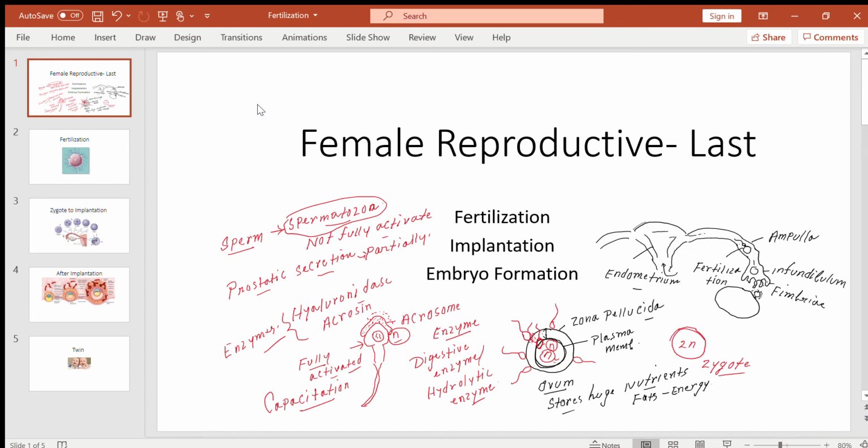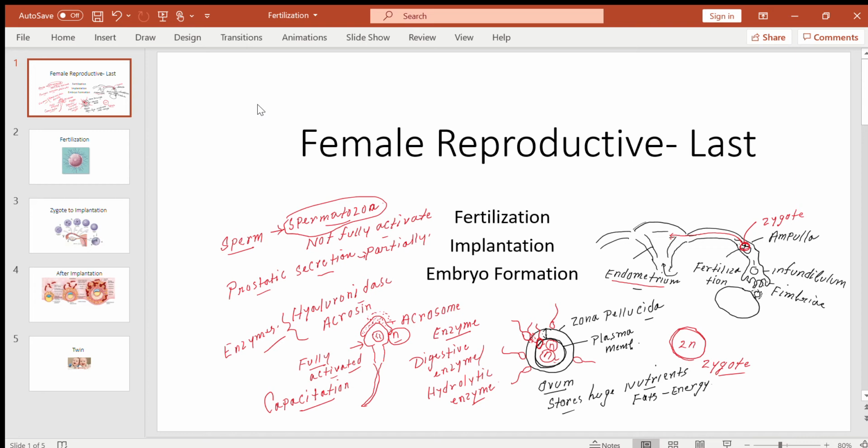So we got the fertilized egg. Now what happens here? This fertilized egg, or zygote, will start to move towards the house, towards the uterus, because you have a nice endometrial bed there for the fertilized egg. While the zygote moves towards the uterus, it starts to multiply.